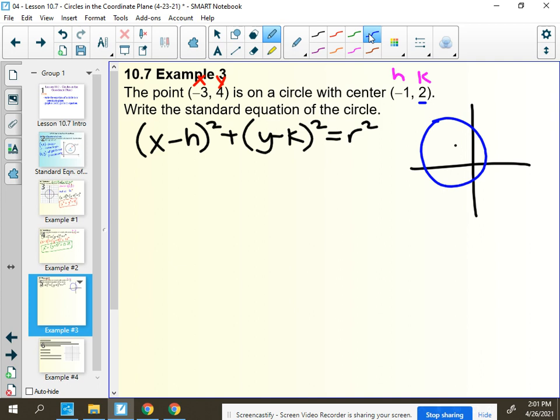I don't know the radius, so I didn't know how big to make it, but I had this point (-3, 4) out here, and then our center, which we said was the point (-1, 2). If I could just figure out this distance, this radius, we'd be good to go. So this one actually involves the distance formula.